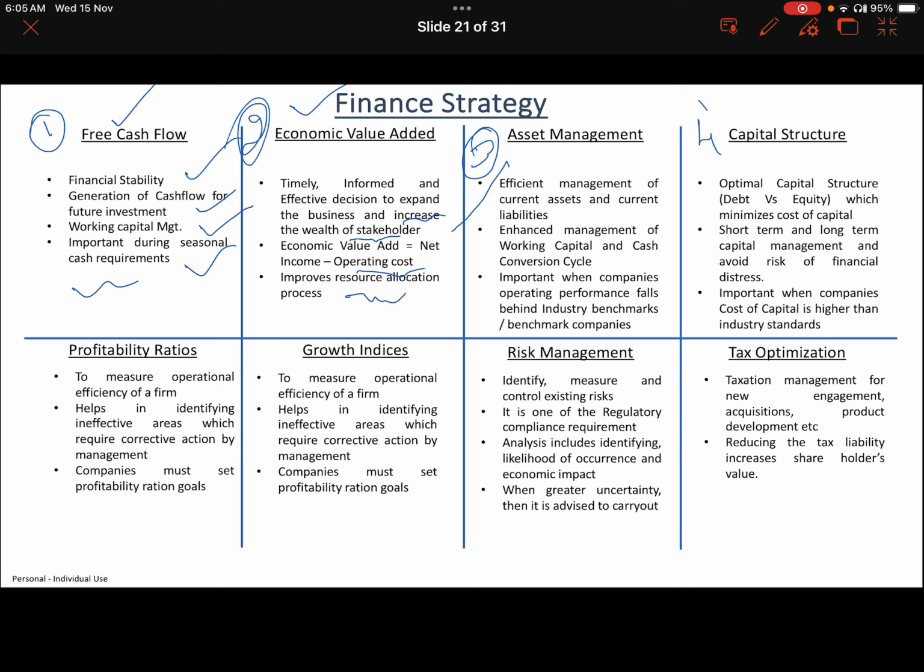The fourth one is capital structure. We talked about this. Capital structure is another important decision. Any company's overall capital required to run a business is divided into two: one is equity capital, the second one is debt capital.